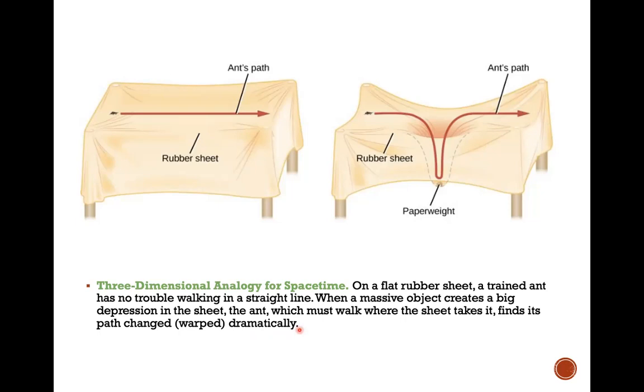The ant thinks that he is following a straight line, but he has to go in a path where the sheet takes him, right? Because he is traveling on the sheet. If the sheet is curved, he has to take that particular path.